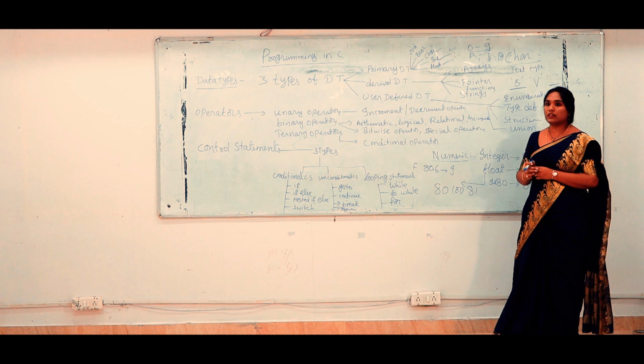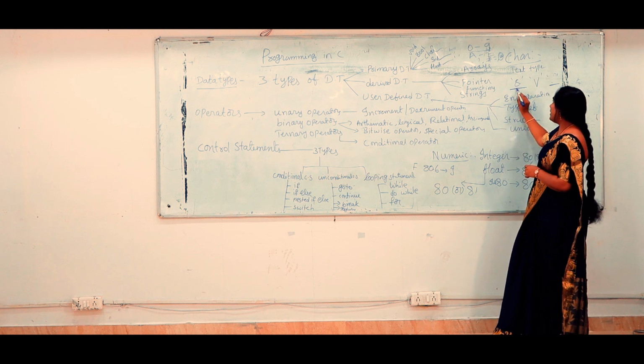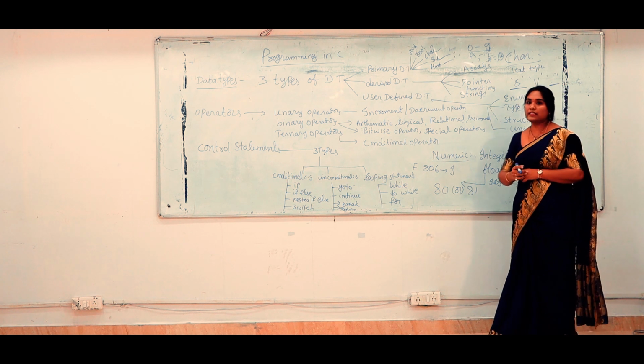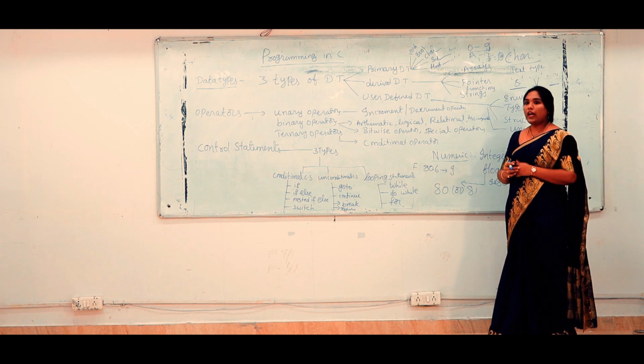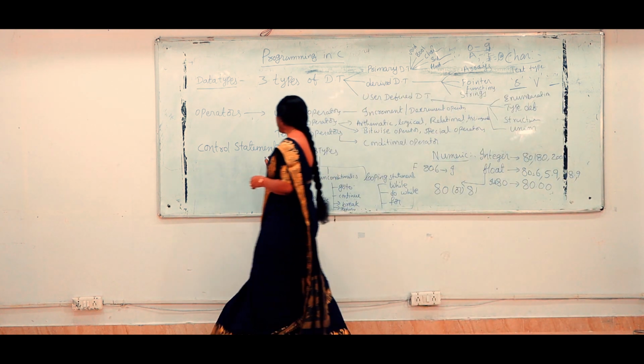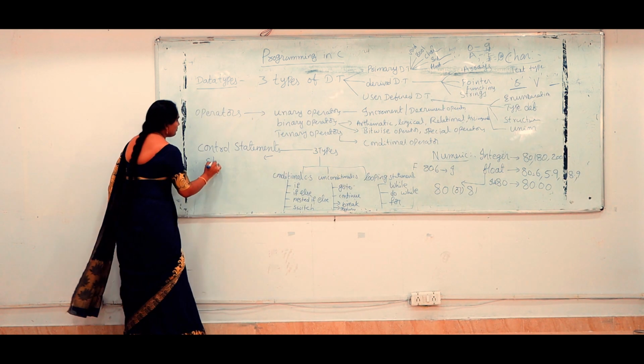It is called the character. 8 is an example, V is an example, and a dot is an example for the character.